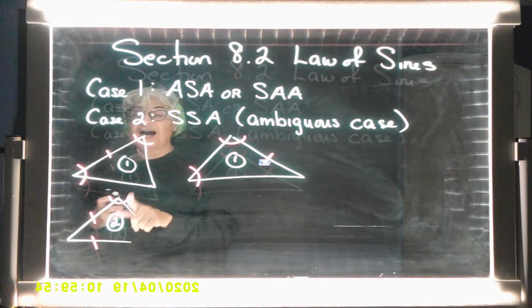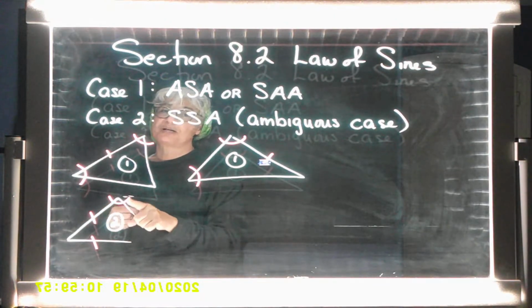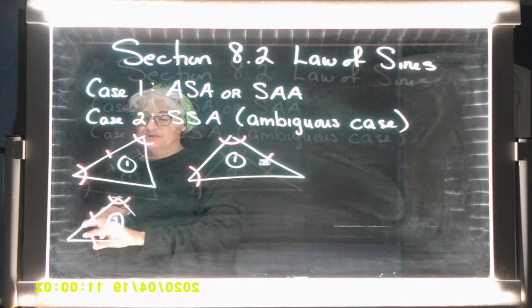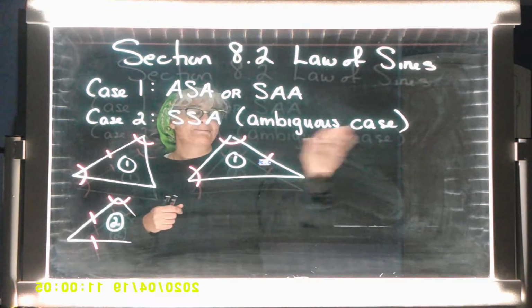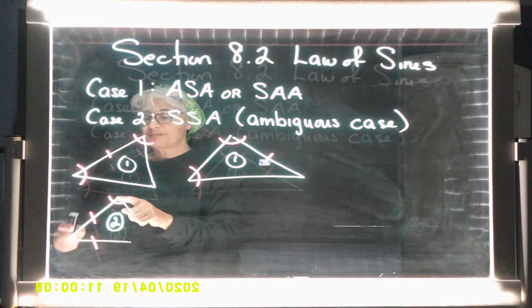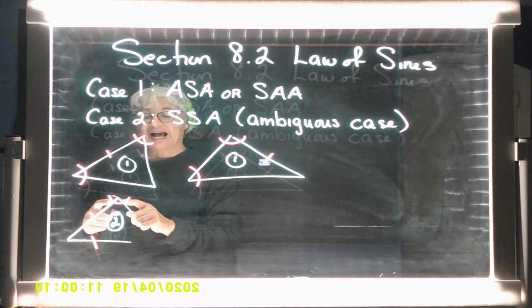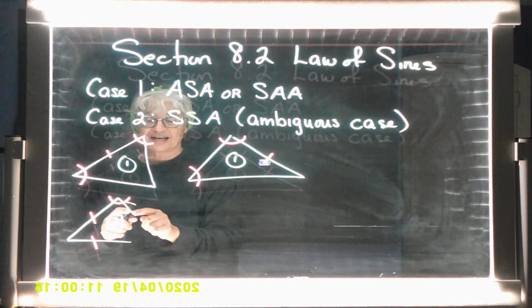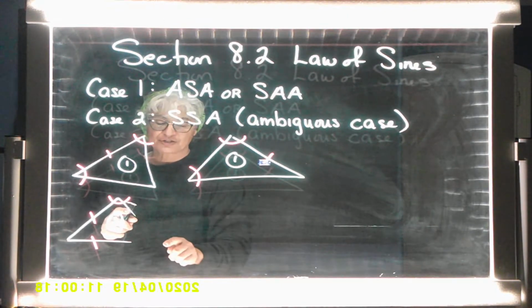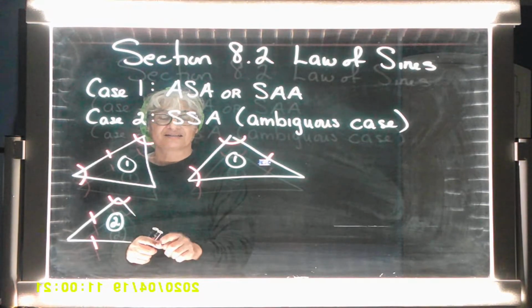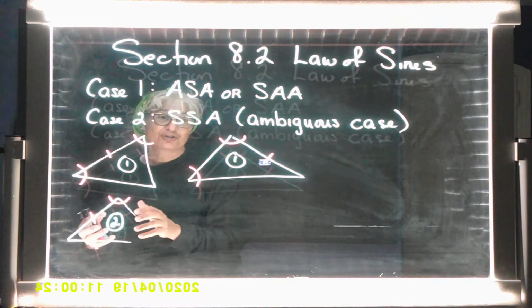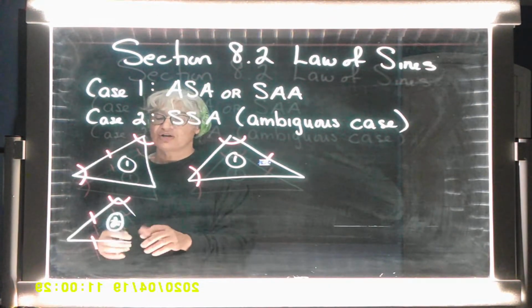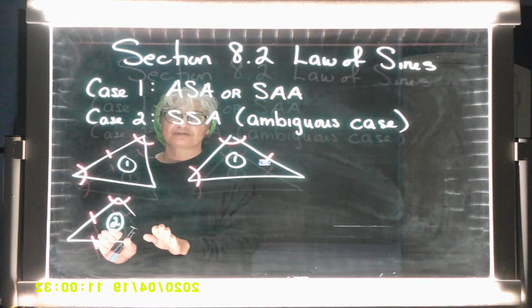However, because I only know the measurement of one angle and it's not in between these 2 sides, this would be known as the ambiguous case, because depending upon the length of these 2 sides and how wide this angle opens or how not so wide it opens, this side, which I did not complete, may not touch ground. It may not touch this side. It's known as the ambiguous case. I could get a triangle out of here, and then again I may not get a triangle out of here. Okay, so we are going to deal with the ambiguous case in just a little bit, so hang in there.